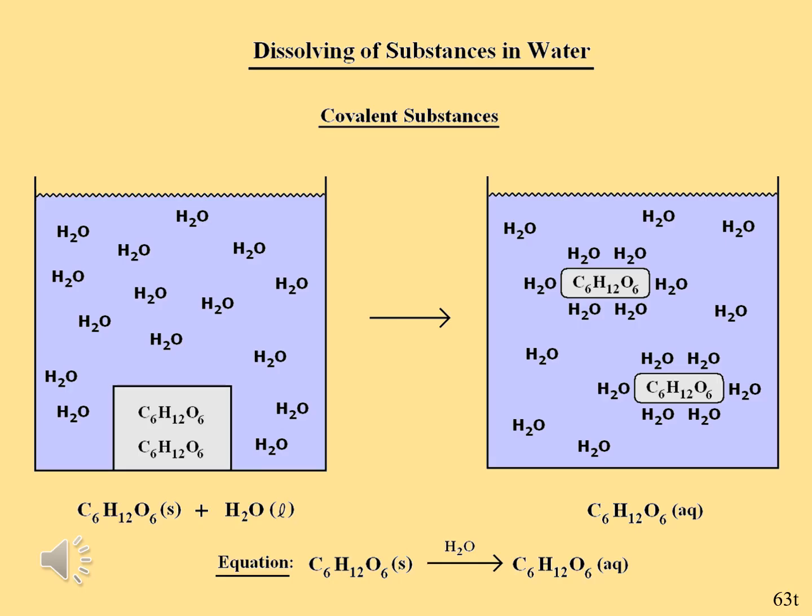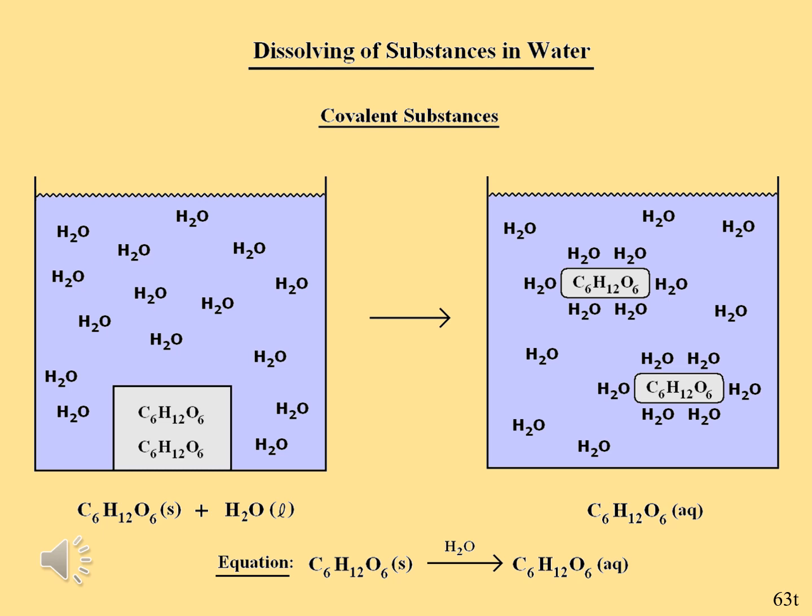In order to understand electrolytes and dissolving better, I want to talk about how the two types of compounds dissolve when you put them in water. What does a covalent compound do if you try to dissolve it? I showed C6H12O6, which you know is glucose or sugar, and you know that if you put sugar in water, it's going to dissolve, right?